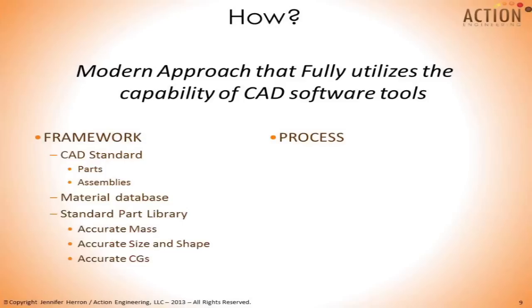The other thing that is a really great help is to have a standard part library, and in those standard part libraries they have accurate mass, size, shape, and accurate CGs. The easy example I like to talk about is, let's say you have a bolt, nut, and washer assembly that you need to run down a large structure, and the masses of all those fasteners will eventually add up to quite a large number and can significantly affect your moment of inertia and your center of mass.